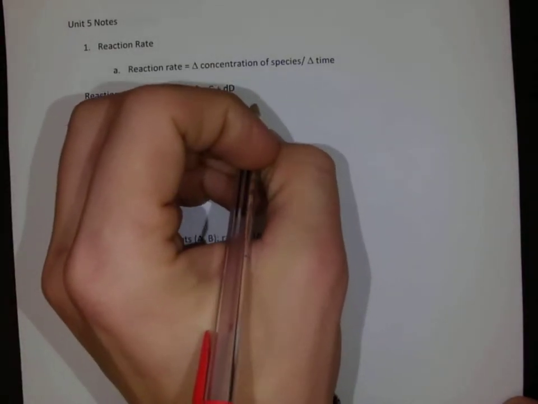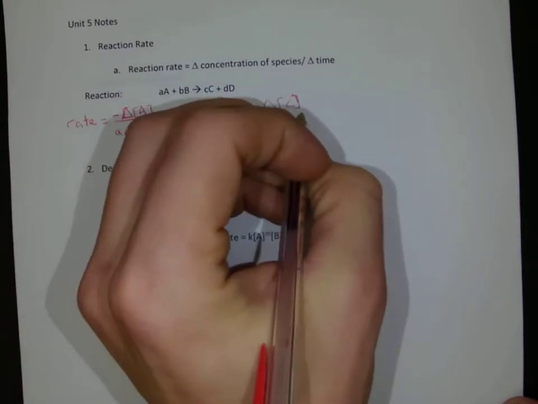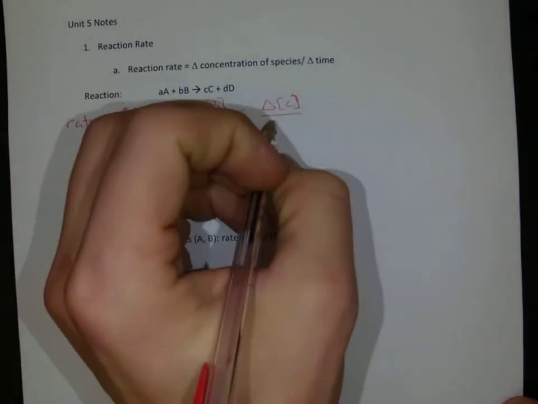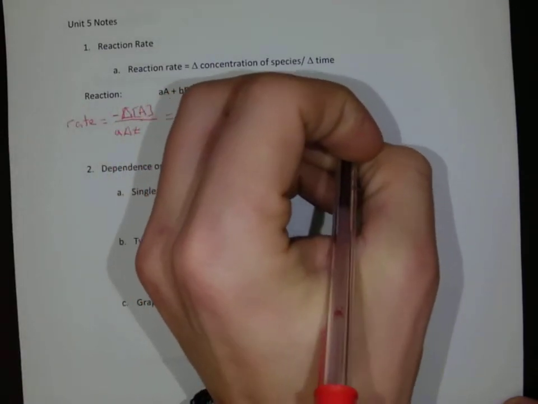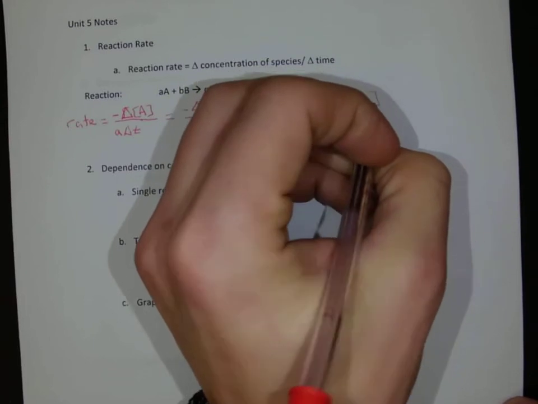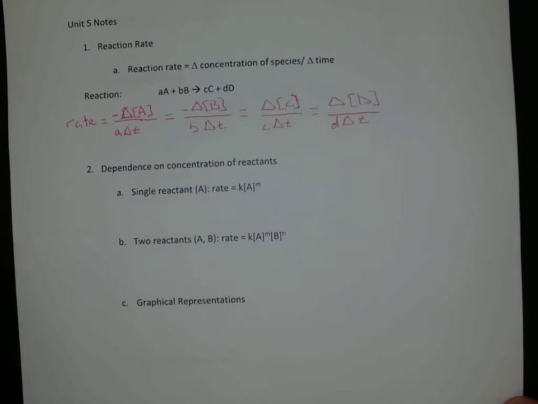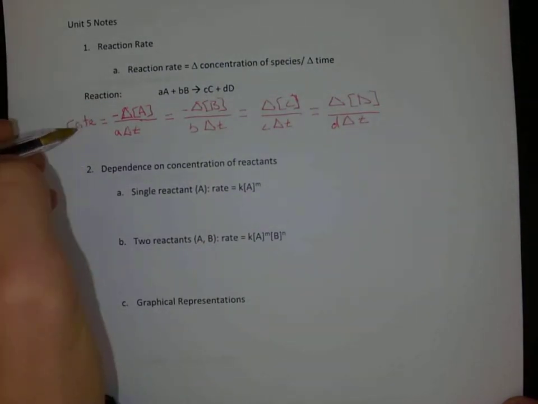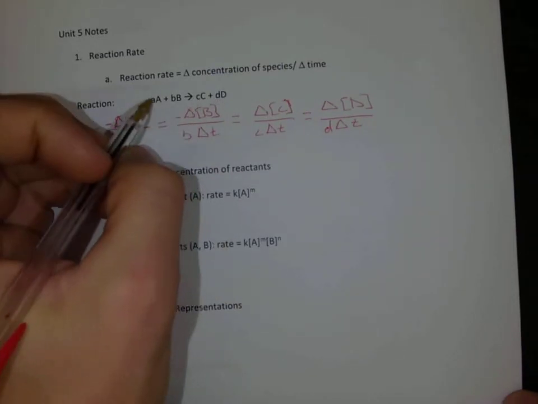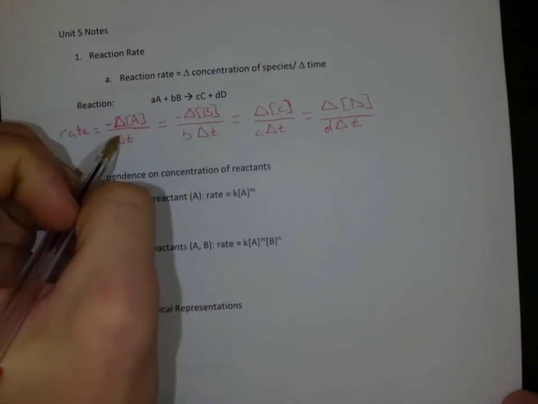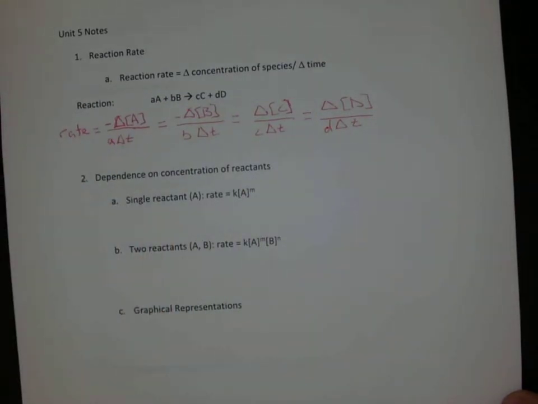So this is now positive, the change in the concentration of C that gets produced over its coefficient per time. And this is equal to the change in the concentration of D over its stoichiometric coefficient per time. So each of these describes the rate of this whole reaction. That's why we have to divide by the coefficient, because maybe it takes 3 A molecules to get this whole reaction to go.